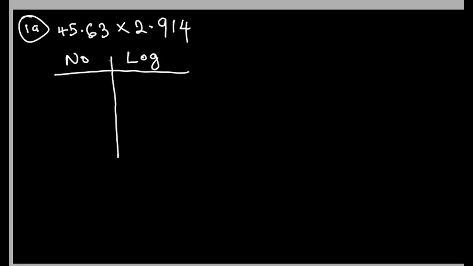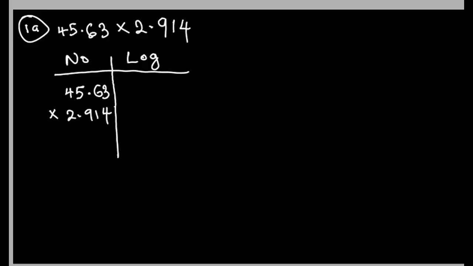Under the number column, we have 45.63 multiplying by 2.914. First of all, let's determine the characteristics of these numbers.